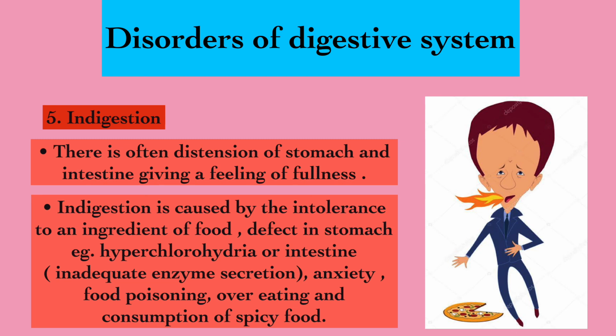Also, the basic ingredients of food may sometimes cause indigestion in humans. Also, defects in the stomach, for example hyperchlorhydria, or inadequate enzyme secretion in the intestine. Any type of anxiety, food poisoning, overeating, or consumption of even spicy food may cause discomfort in the abdomen, causing indigestion.